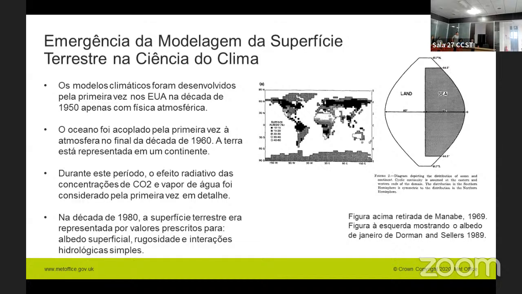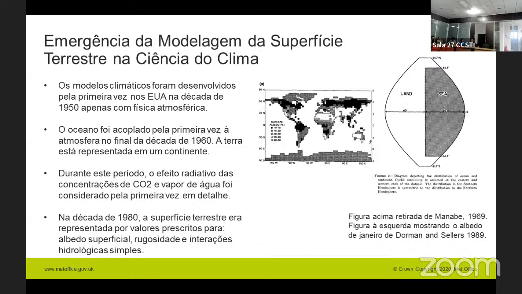We were principally interested in the radiative effects of the land surface. They were considering the radiative effects of CO2 and water vapor.